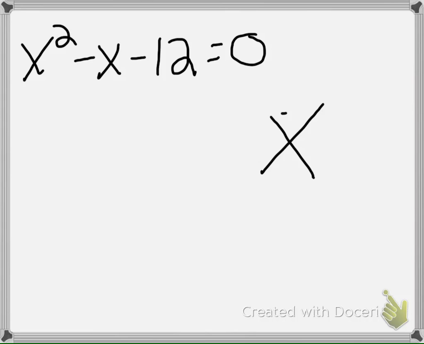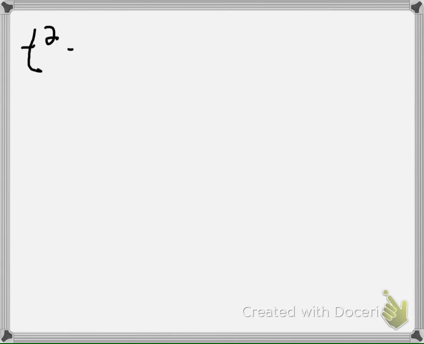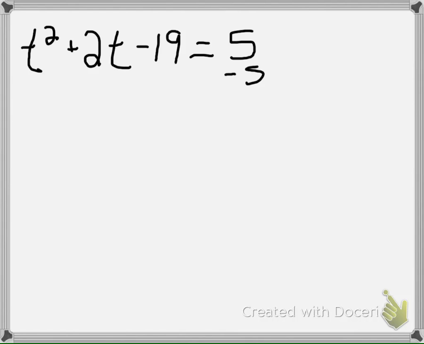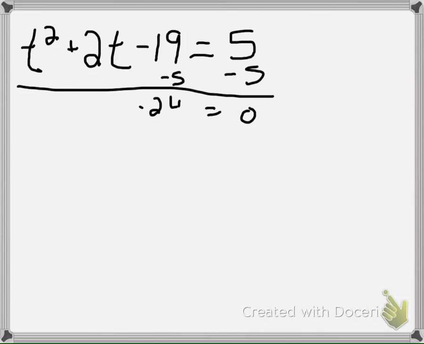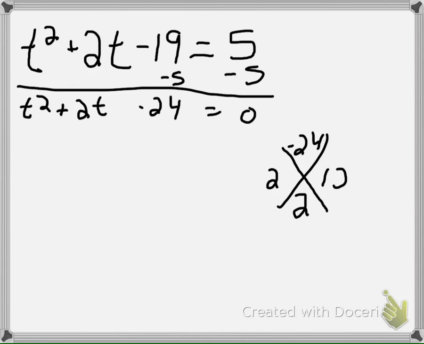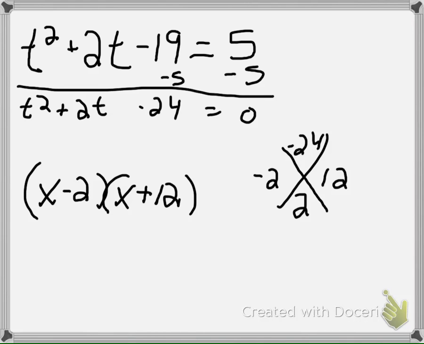Okay, here we go. So here's our first problem. And our second problem, I have that going a little fast, and we'll slow it down a little bit here. Speed it up here. And notice that our factors were the quantity x minus 2 times the quantity x plus 12.